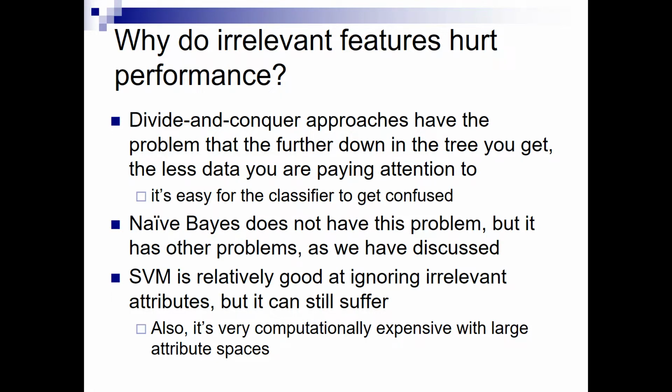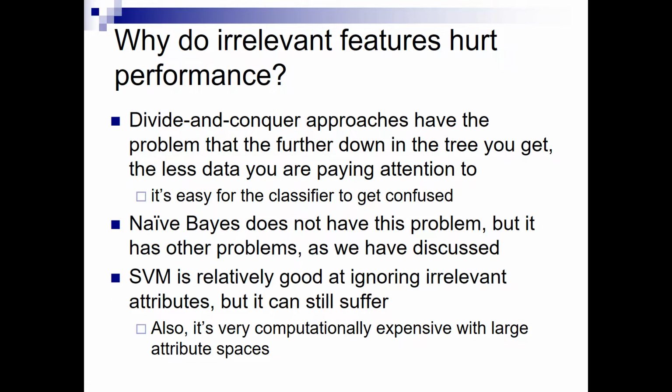Now, naive Bayes doesn't have that problem. Every time you compute a conditional probability, you are using all of the instances of a particular class value. However, what it does have as a problem is that every conditional probability gets multiplied into the likelihood formula, and so there's no sense in which some of those conditional probabilities are weighted less.